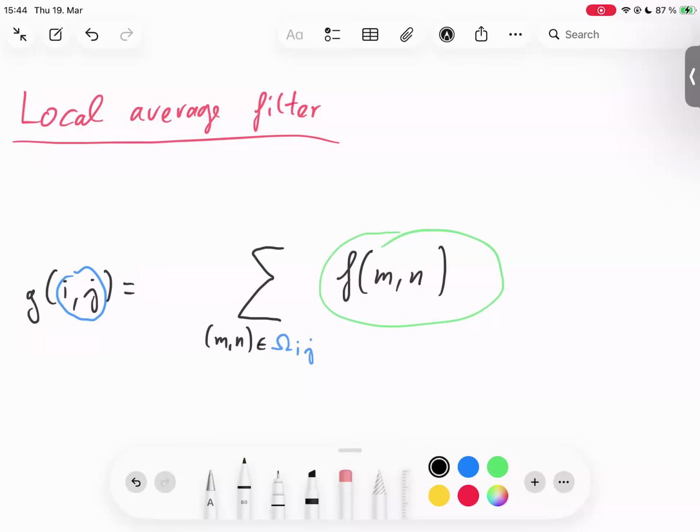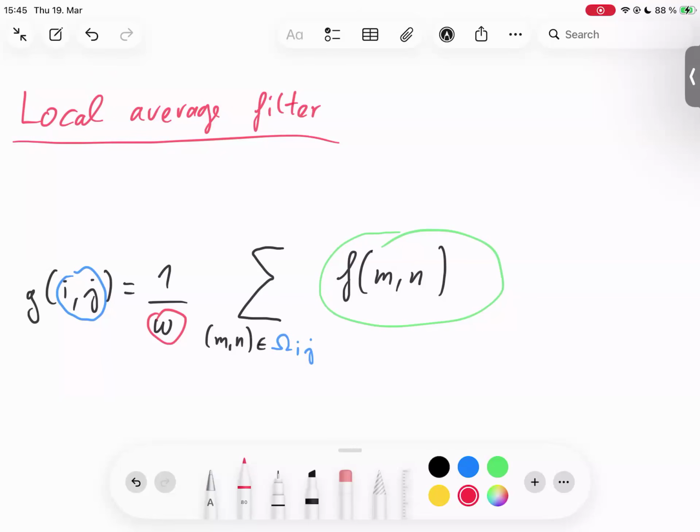I can sum all of this up, but when I sum these pixels up, I don't have a valid value anymore, so I need to divide by something. And what I could pick, for example, is a factor w, and w is the factor by which I divide. W could be the size, for example, of this neighborhood. Say if I'm looking at 9 pixels in my neighborhood, I sum them up, then I have to divide by 9 because I looked at 9 pixels in the neighborhood.